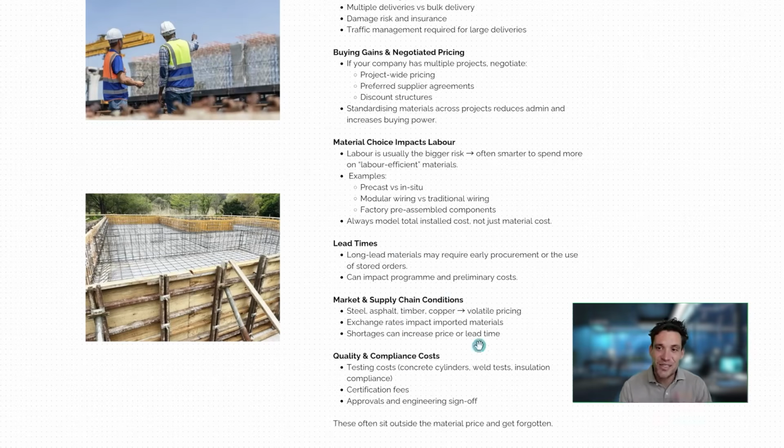Now, the next thing you need to consider are market and supply chain conditions. This is where you have to think about variability in things like the cost of copper if you're procuring electrical cables, or steel if you're ordering reinforcement or structural steel. These sorts of market supply conditions may impact your cost of materials.